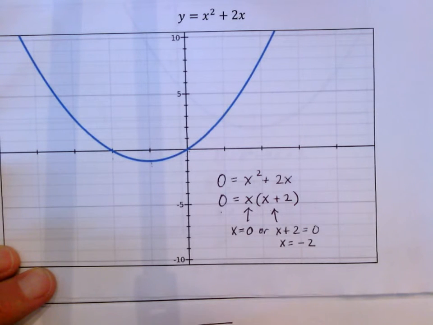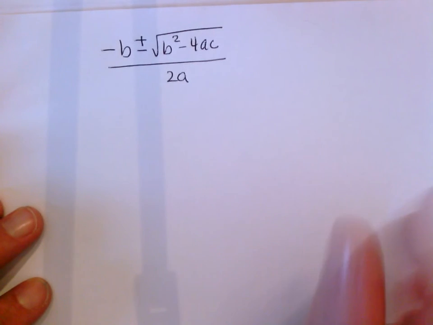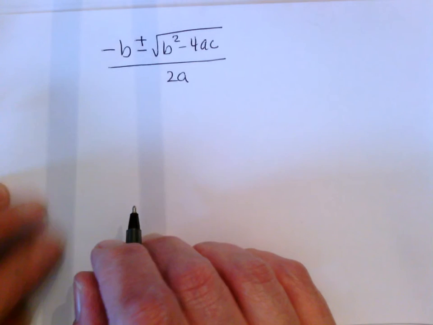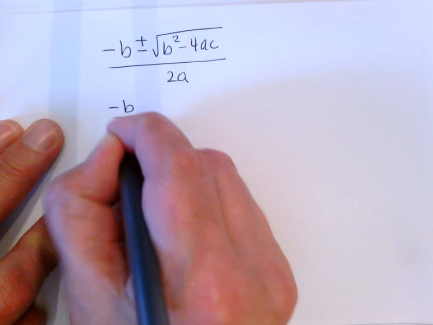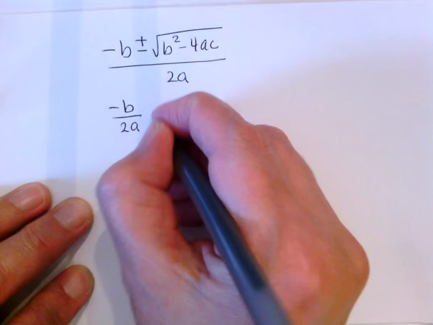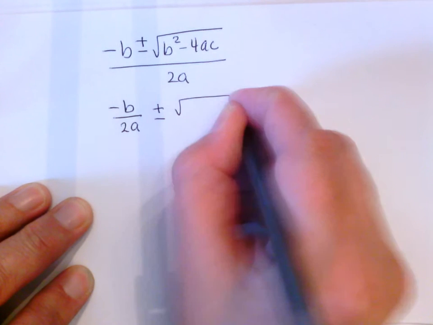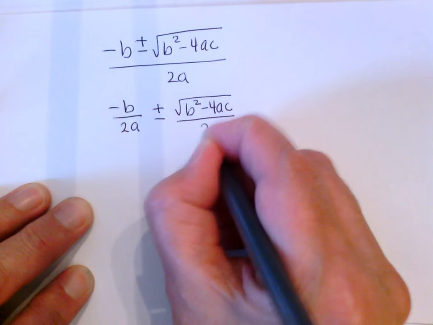So we know that the quadratic formula that allowed us to find our x-intercepts is this: negative b plus or minus the square root of b squared minus 4ac over 2a. Let's break that into two fractions. That means the first part is negative b over 2a, and then plus or minus the square root of b squared minus 4ac over 2a.